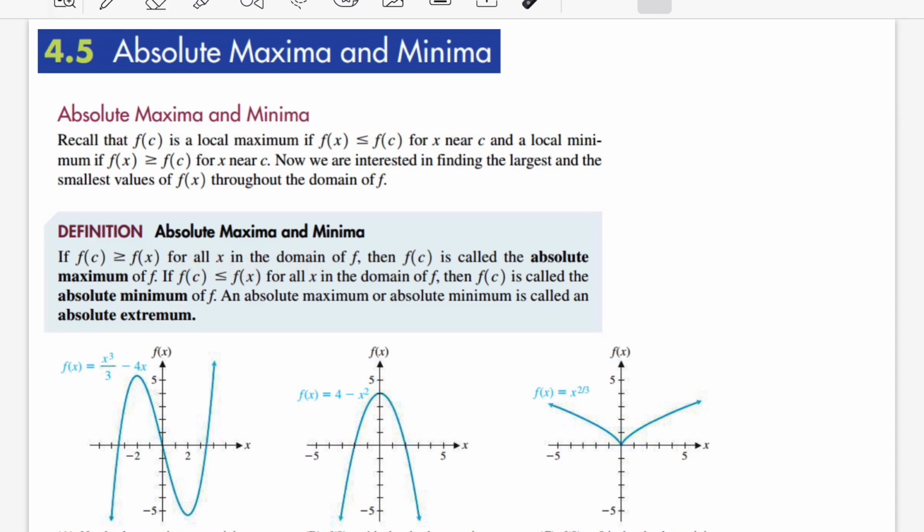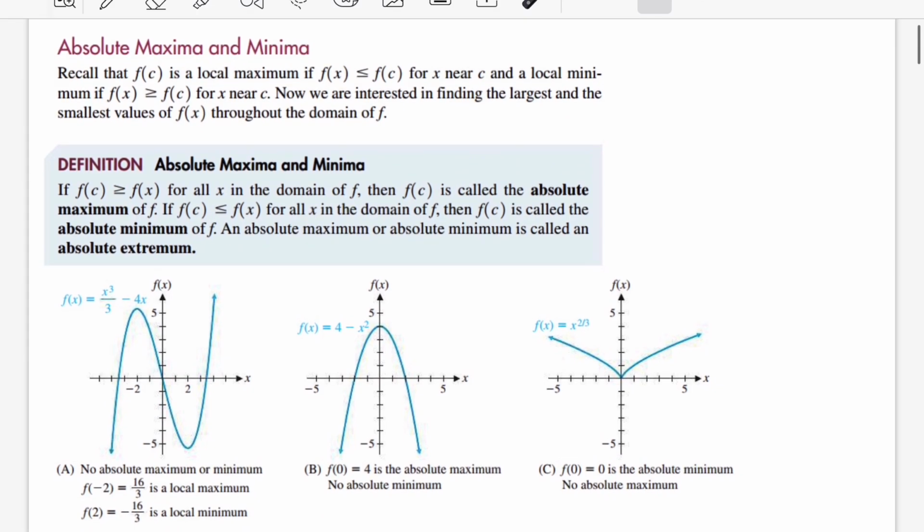Okay, so here are some examples in this figure here. Looking at the graph of this function, we see that we don't have any absolute maximum or minimum in this case, and this is because this function continues on in both directions. As you can see, our x values and our output values are going to negative infinity, and similarly on this side, we're going to positive infinity.